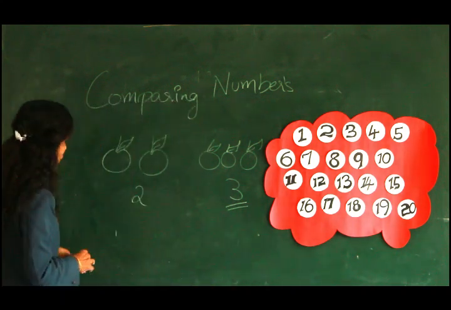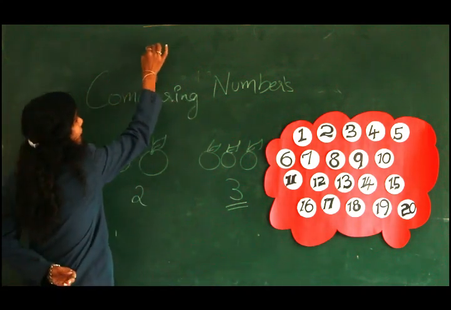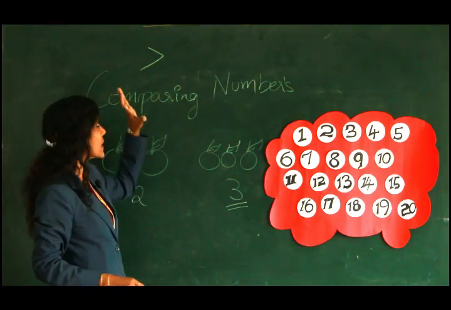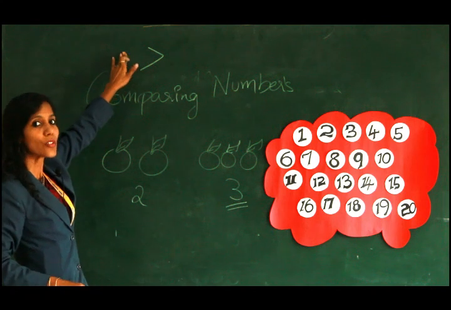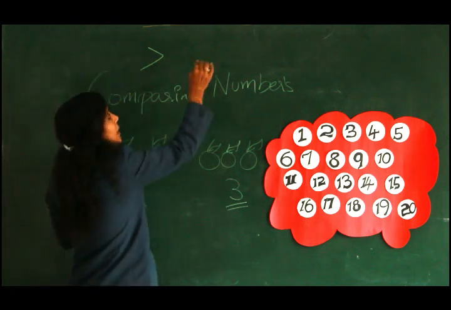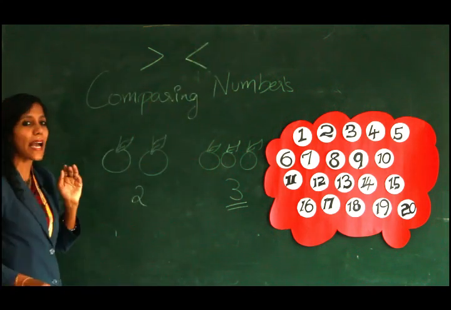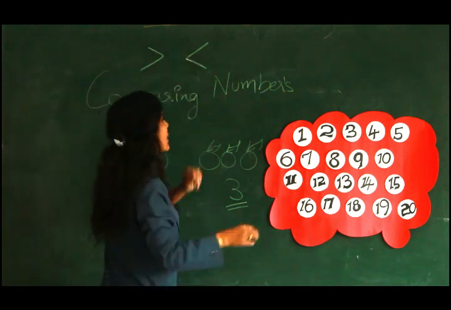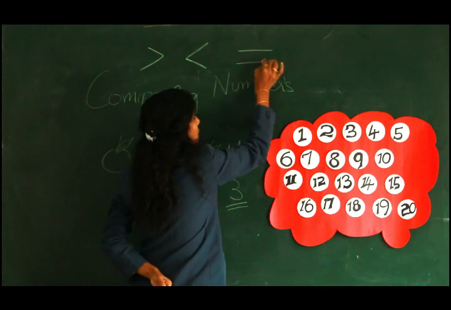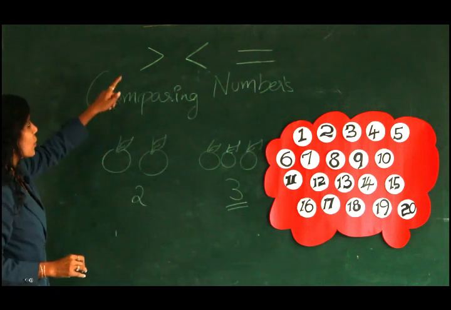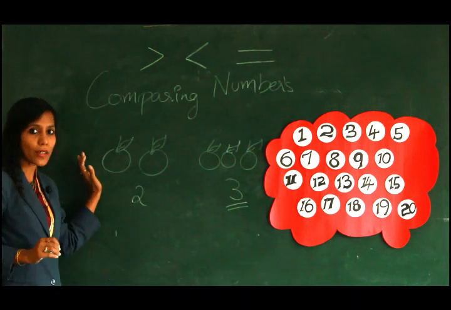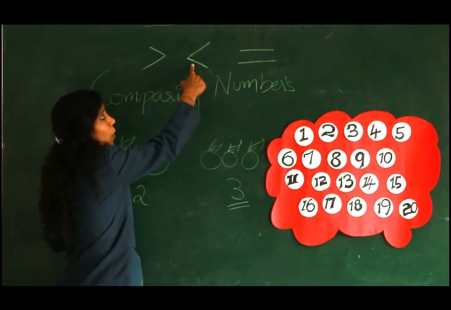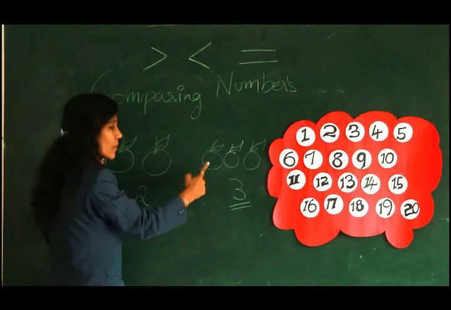So here we have a new concept of greater than, that is alligator's open mouth towards right, lesser than, that is alligator's open mouth towards left, and equal to. So whichever number on the right, if this is less, we put the open mouth towards left.